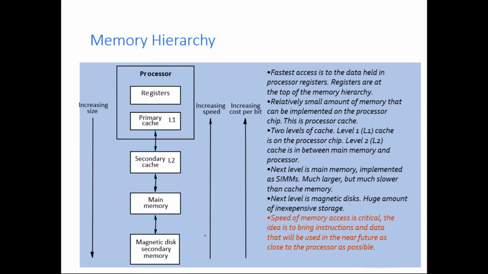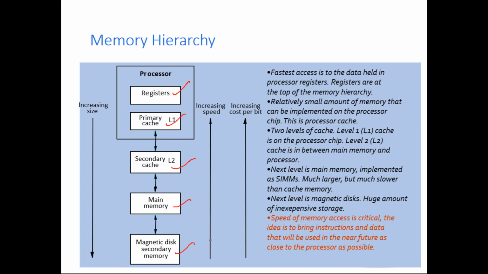Okay, and this is the memory hierarchy, which we have discussed in operating systems also. At the top we have the processor. Inside the processor we have registers, which are the highest level of memory. Then we have the primary cache, L1 cache, which is inside the processor, and then L2 cache, which is outside the processor, then main memory, and then magnetic disk or secondary storage devices.